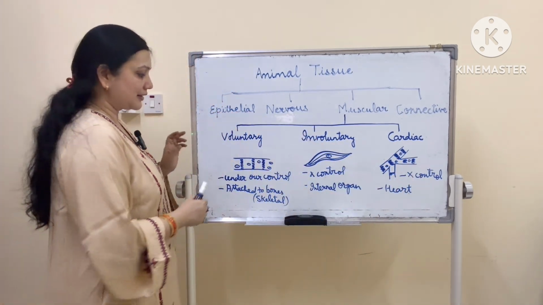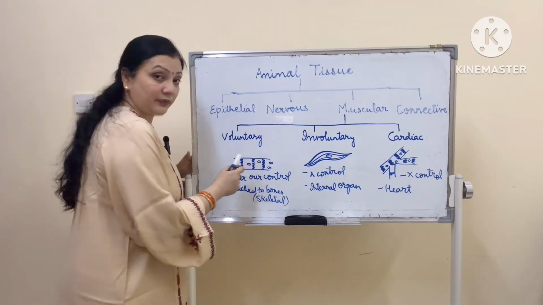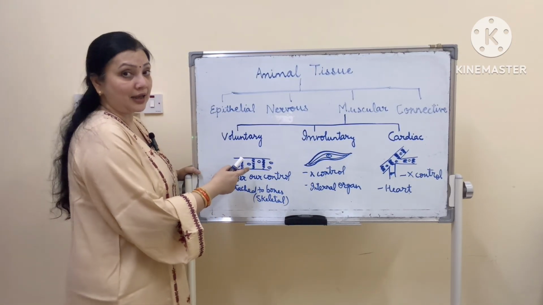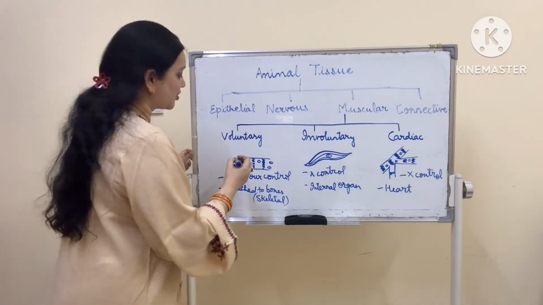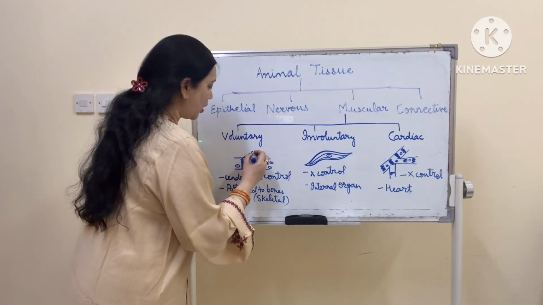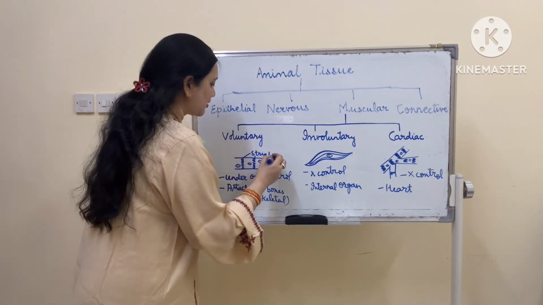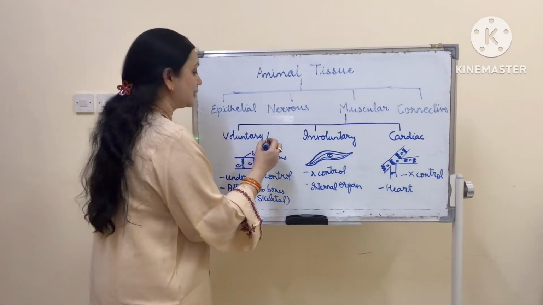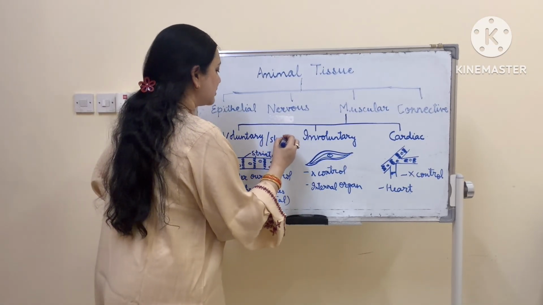The next difference lies in these bands. The voluntary muscles have these dark and light bands. These are called striations, and because of the presence of these striations, the voluntary muscles are also known as striated muscles.